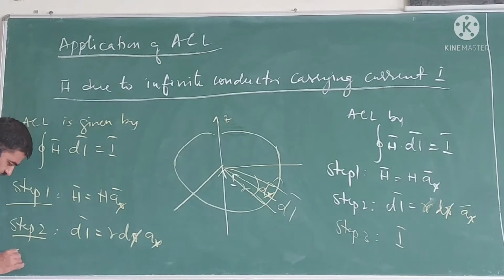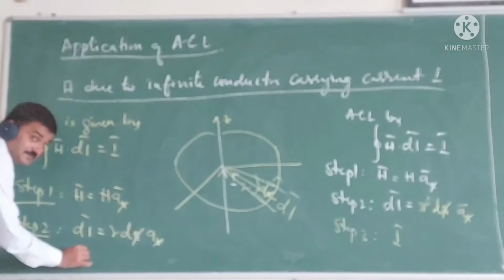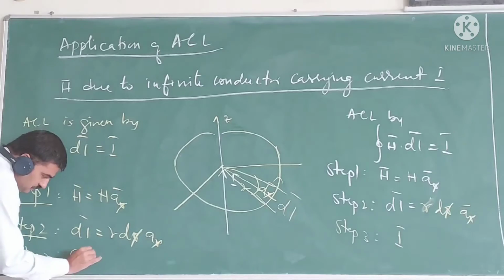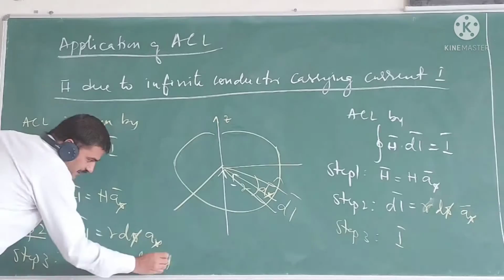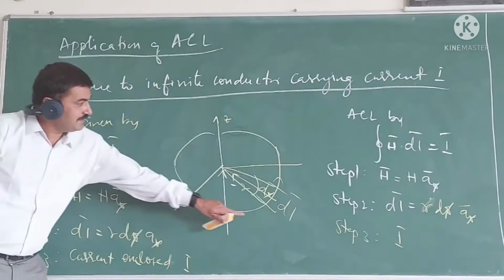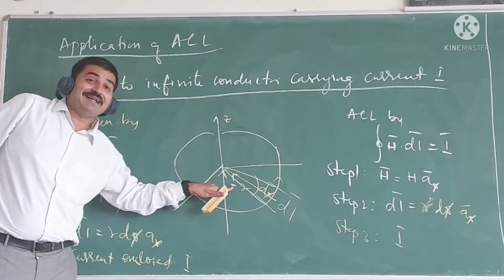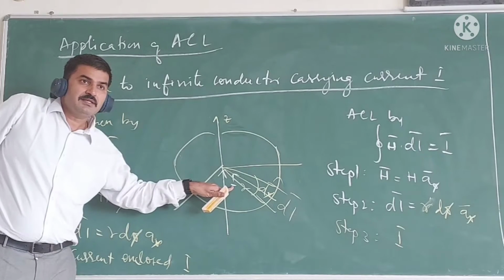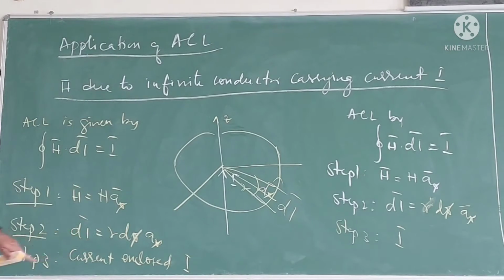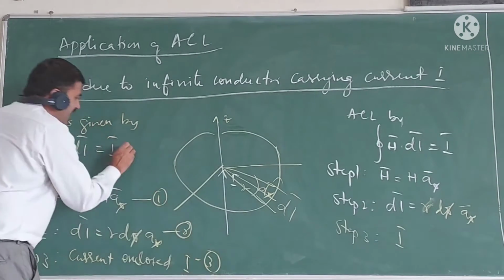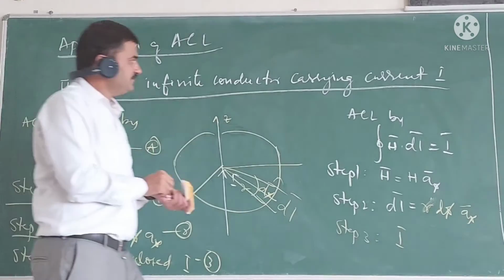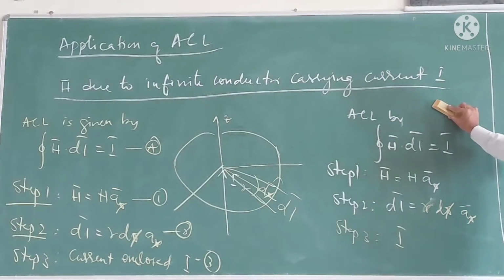Then step 3: current enclosed is I, since this Amperian path encloses the current I. Then I substitute these 1, 2 and 3 in the equation. That's all.